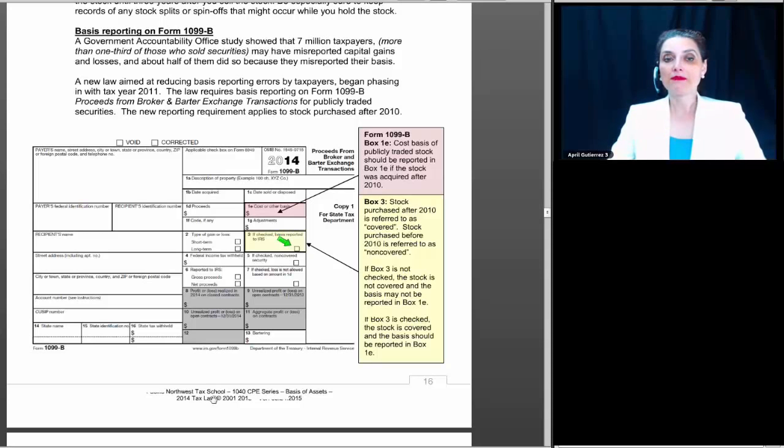The purpose of the 2014 redesign is to match up the box numbers that appear on the form with the line numbers that appear on Form 8949. So now when you go to the 8949, line 1A is used to enter a description of the property sold. Line 1B is used to enter the date acquired. And so these box numbers on the 1099-B now match up to the 8949.